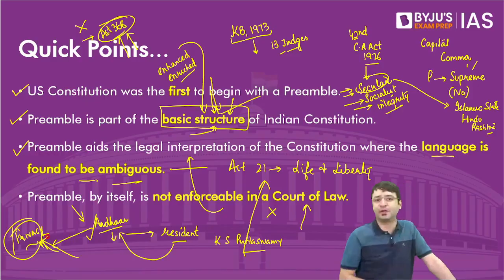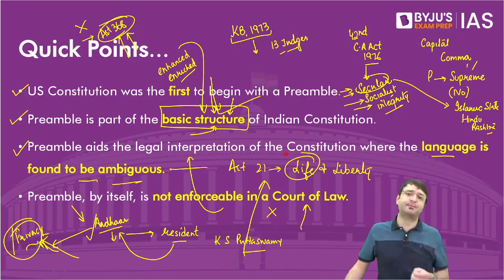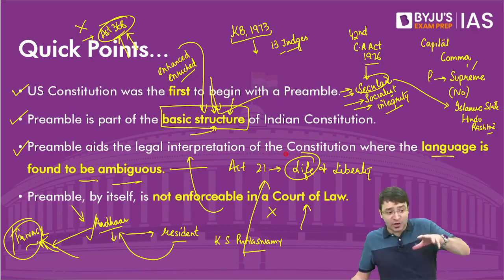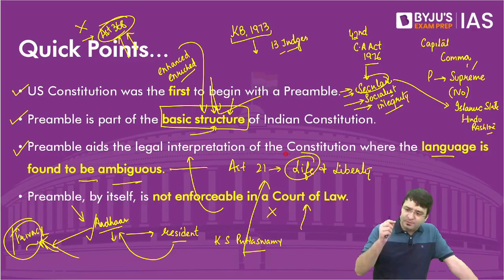State cannot interfere. This life becomes meaningless unless and until we have privacy, unless and until the state is not allowed to interfere. The Supreme Court said, look at the objectives mentioned in the preamble. Objectives are justice, liberty, equality, fraternity.